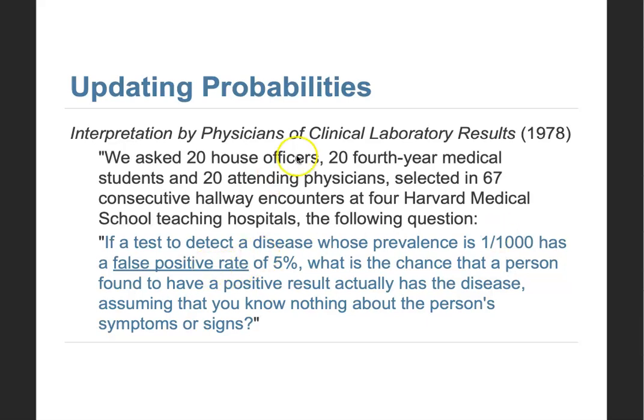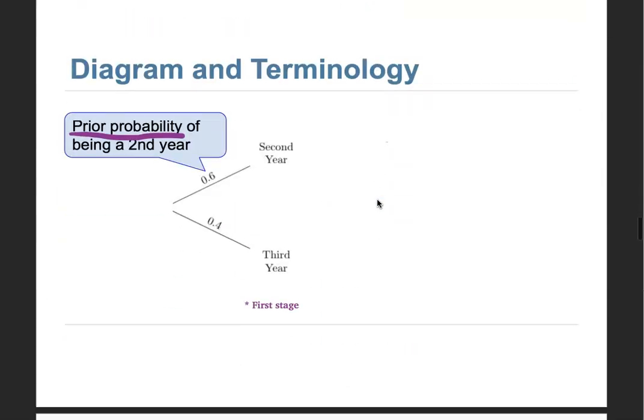Then you have the false positive rate of 5%. That means the person didn't have the disease, but the test result is positive at 5%. We want to find the chance the person has a positive result and actually does have the disease. So you can see how the tree diagram comes from this.